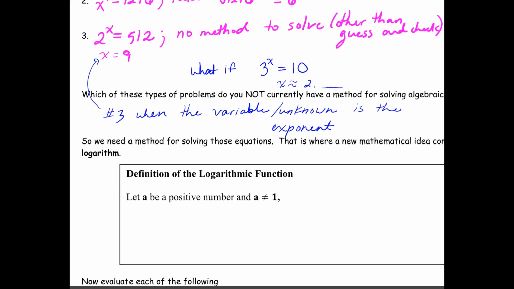It says if a is a positive number and a does not equal 1, then if you have a raised to the x power equal to b, then you can rewrite this as log base a of b will isolate your exponent.